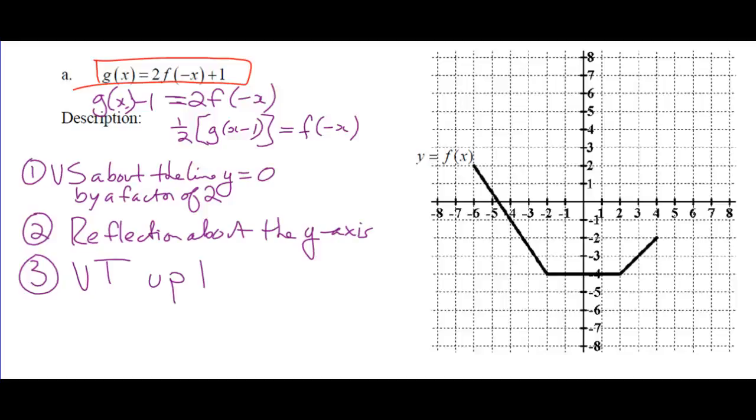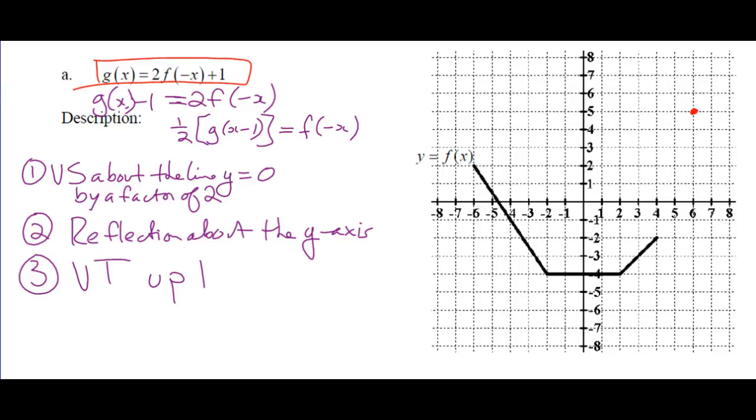Okay, so I'm going to vertically stretch by a factor of 2. Where shall I move the pen to? Up to 4. I'm going to reflect about the y-axis, so I'm going to end up here, and then I'm going to go up 1. So just start on a point, go through the list, and just do what it says.